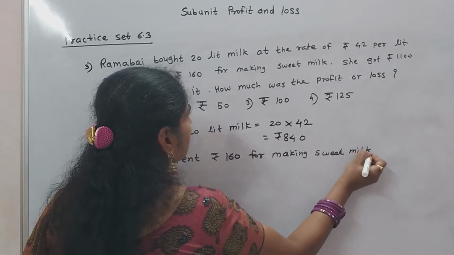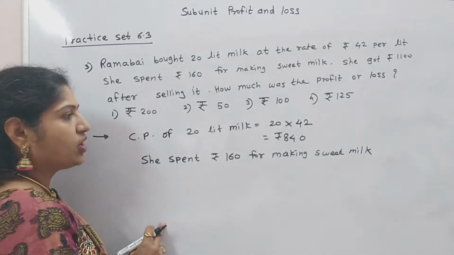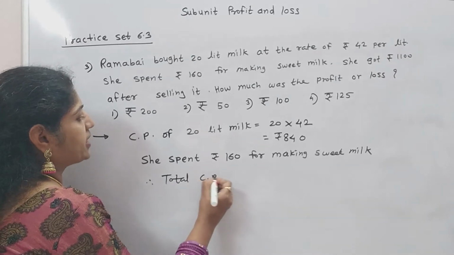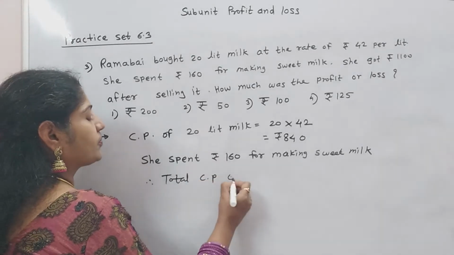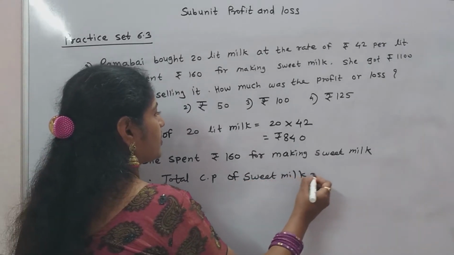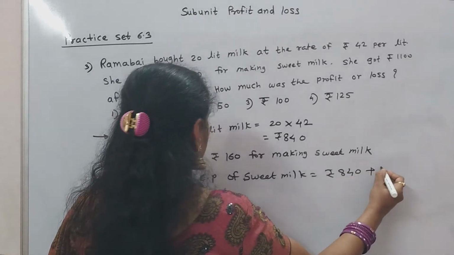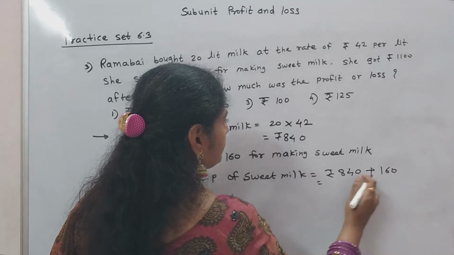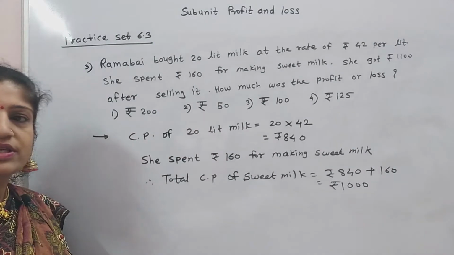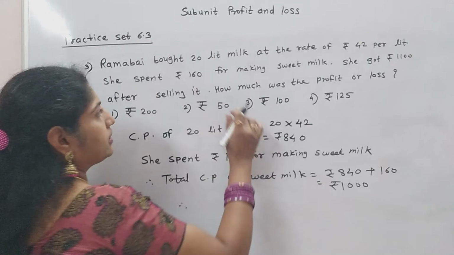So the total cost price of the sweet milk is 840 plus 160, 1000 rupees.